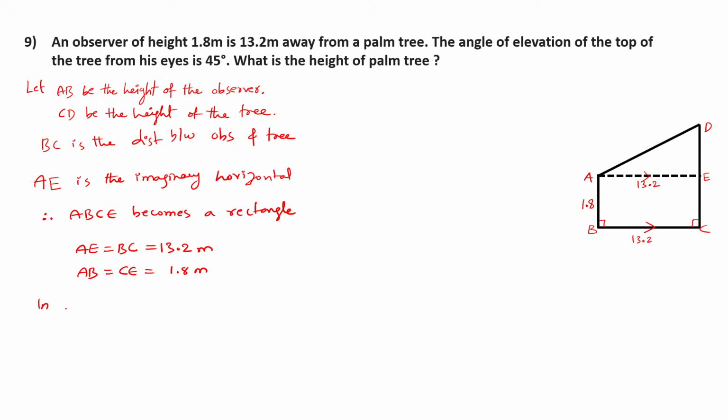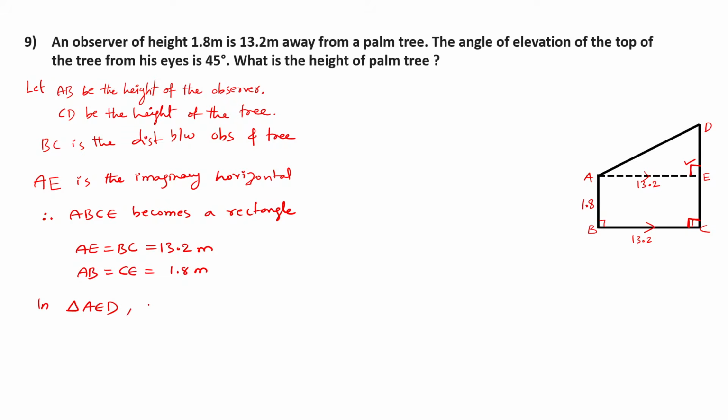Now in triangle AED we observe here, since angle C is 90 degrees, angle E will also be 90 degrees. With what type of concept can we say that angle E is 90 degrees? Please drop it in the live chat. Why is angle E also 90 degrees? Drop the reason in the live chat.